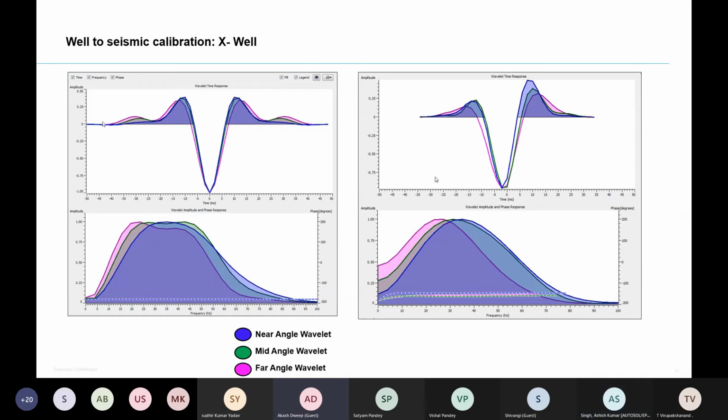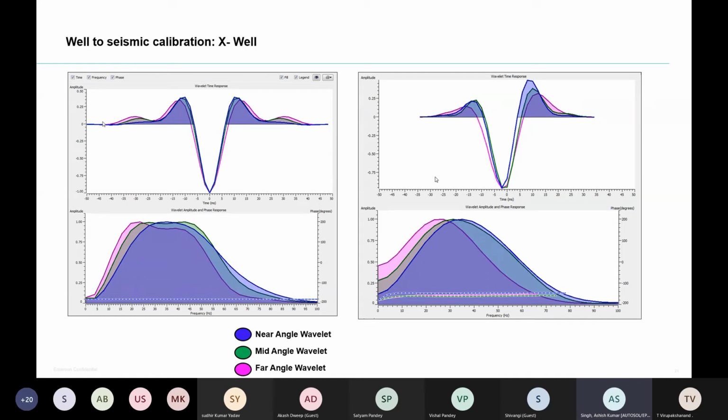Are we extracting a statistical wavelet in all these cases, or deterministic? Very good question. What is your name? My name is Akashdeep, sir. Okay, Akash, it depends upon what we would like to extract from the seismic data. But you can also start from a Ricker wavelet, no issue. When we extract a statistical wavelet from the seismic data, the amplitude spectrum will be covered, so there will be no issue.